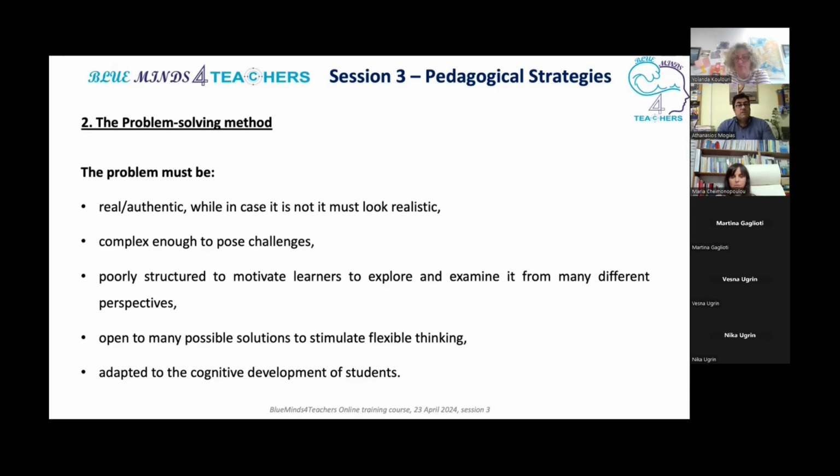It must be adapted to the cognitive development of students. And I think that all teachers can understand that. Different problems are applied to different generations, to different ages, to different grades. And this has to do with the cognitive development of students.